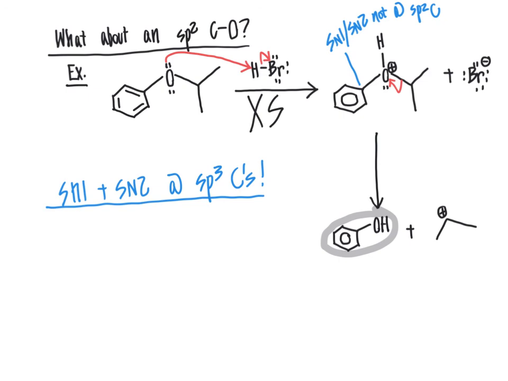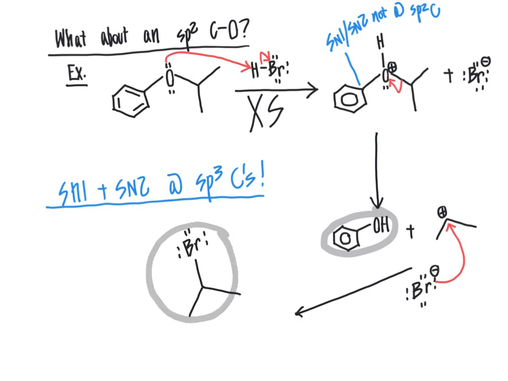Still going to stay as phenol. So then what will happen is that now that we've created a carbocation, it is going to get attacked by the bromide anion that we have made. So bromide anion comes in, attacks the carbocation, and that's going to create our alkyl halide product of this reaction. And I'll go ahead and circle that.